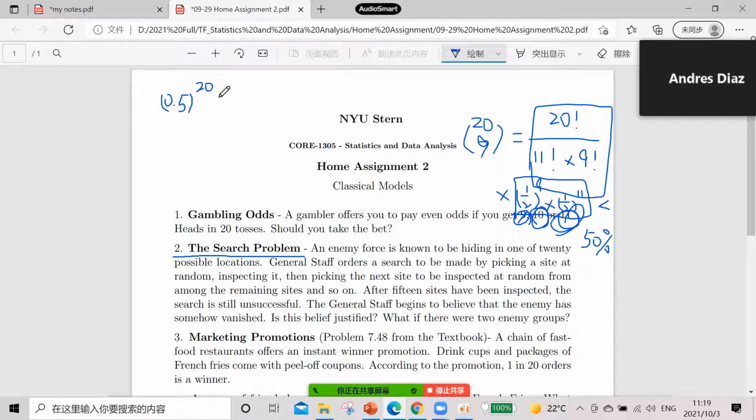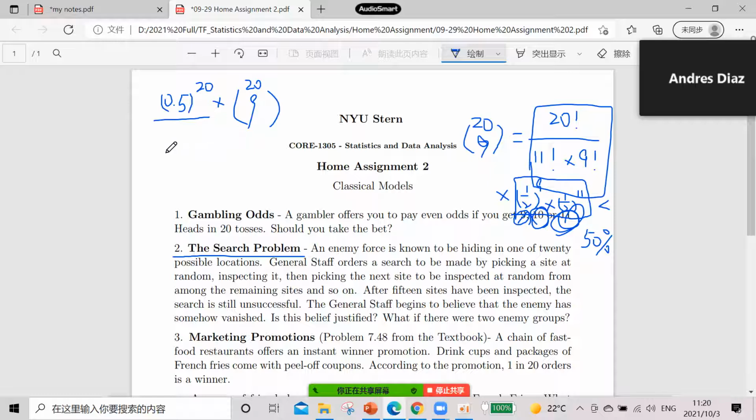So this is the probability of finding a particular or a specific sequence, and you use this times 20 choose 9. This is the probability of finding nine heads out of 20 tosses.